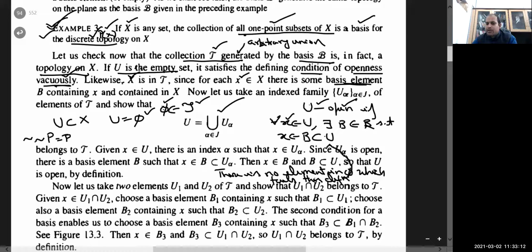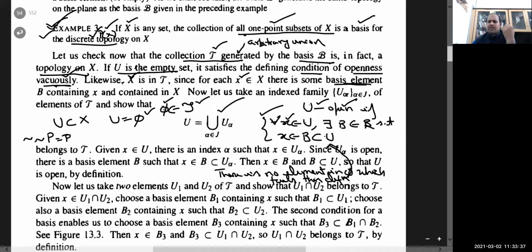I mean this one. See, U is not said to be open if there exists an x for which we don't have any B such that x is in B and B is contained in U. So since this definition is true vacuously, we will say that phi belongs to T, or you can say that phi is an open set.